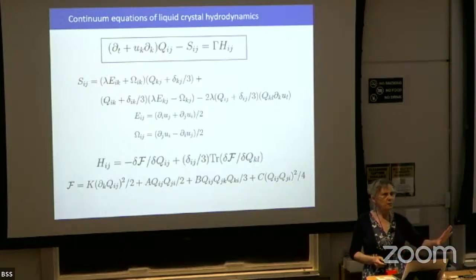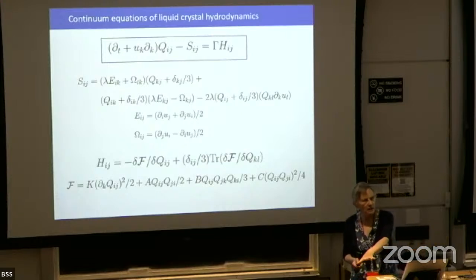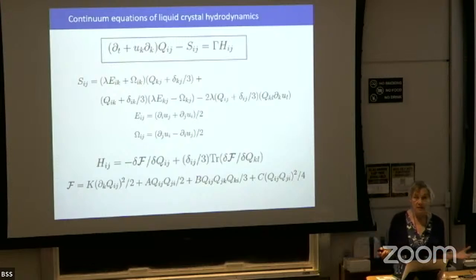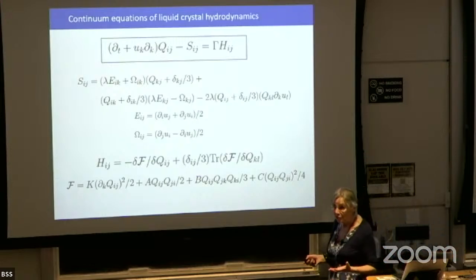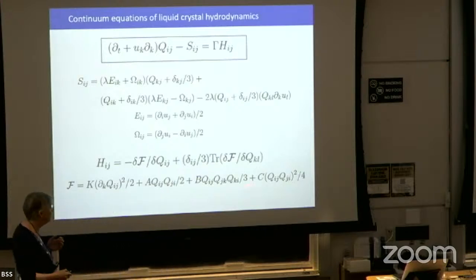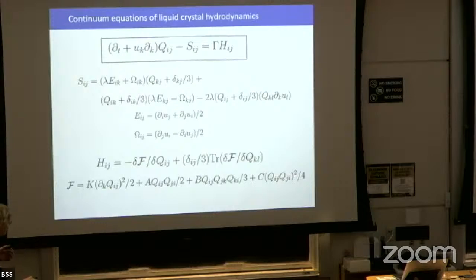So if I turn off the flows, what's going to happen to this thing? Well, it's going to relax back to the minimum of a free energy. And we know that liquid crystals are described by the Landau-de Gennes free energy. Christina has talked about this quite a lot. You have an expansion in the order parameter Q, which you always do with these Landau expansions.